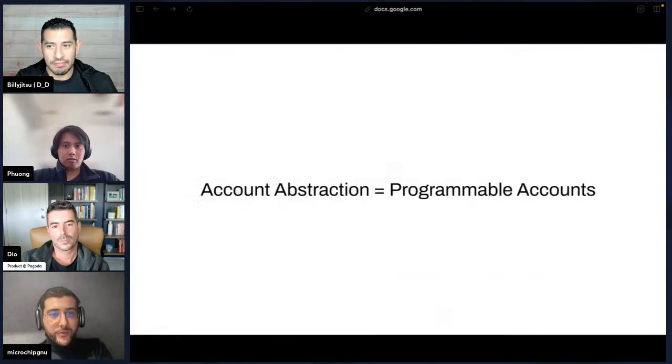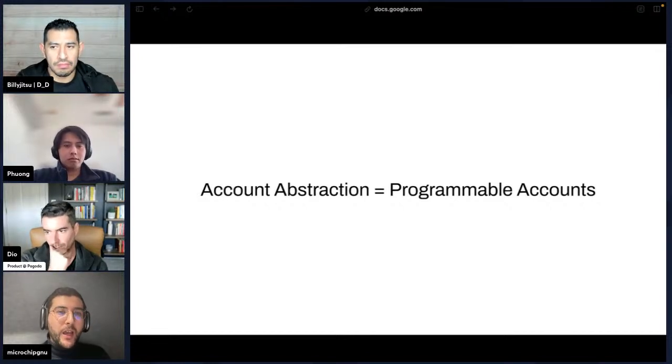So, meta transactions and account abstraction. Let's first start with what is account abstraction. I think Dio covered a bit of this, but I can also mention it again.